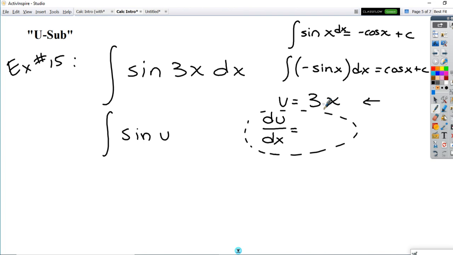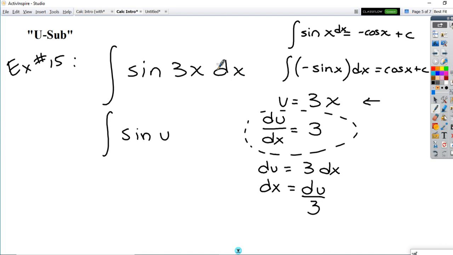So I'm going to take the derivative of this with respect to x, which is just 3. So then I get that du equals 3 dx. And so divide both sides by 3, I get that dx equals du over 3.